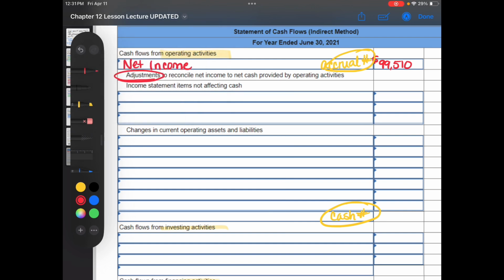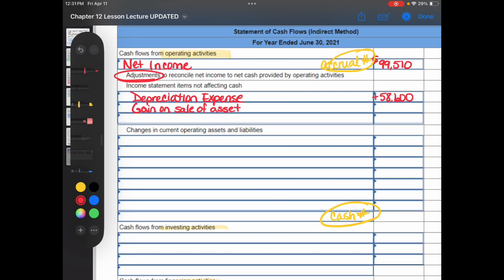So our adjustments include always adding the depreciation expense, any amortization, depletion, any of that, which we don't have. But for this one, I do have depreciation. So it's $58,600. I also have a gain on a sale of an asset. I think it was equipment.